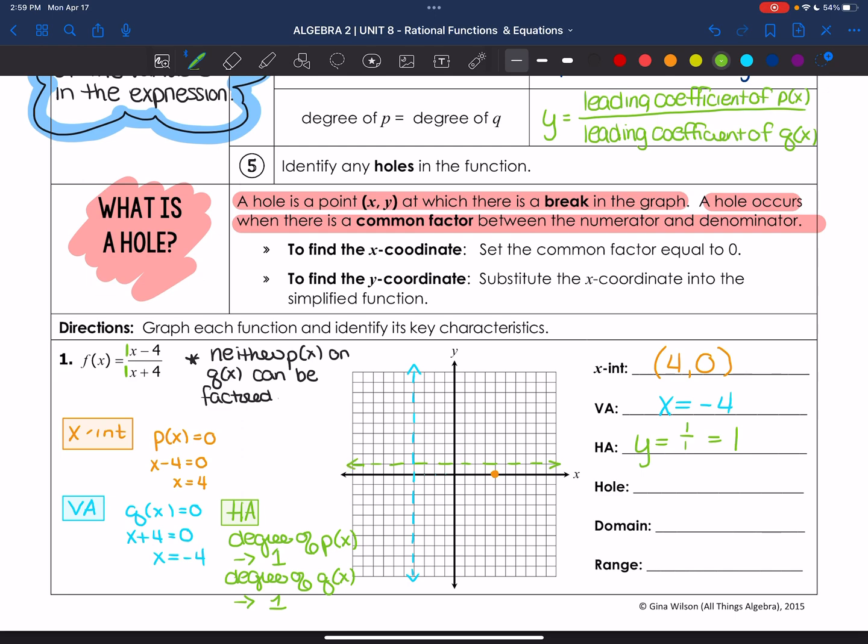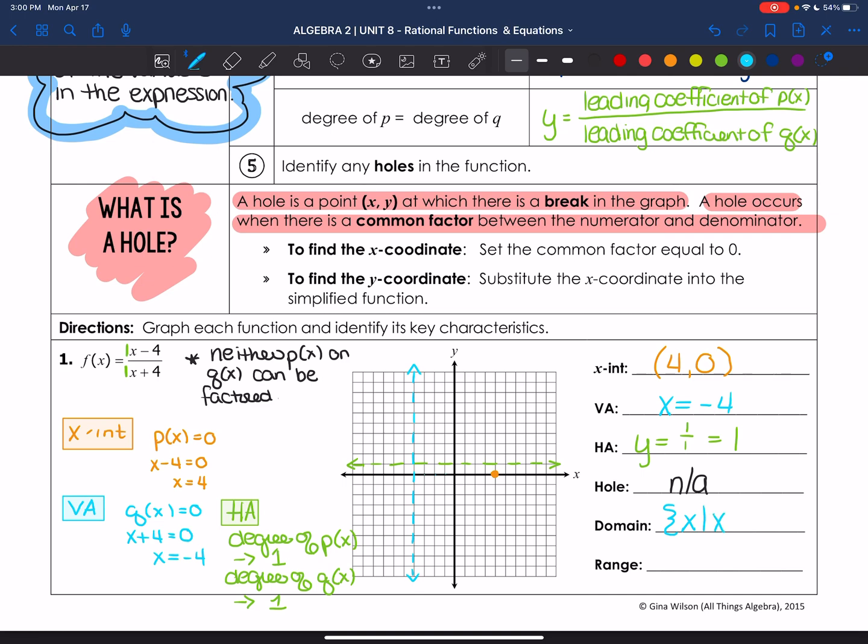Do we have any holes? Is there a common factor in our numerator and our denominator? No, there isn't. They are not the same, and we couldn't factor it any further. So there is no hole for this graph. Now our domain we can tell by looking at our vertical asymptote. Remember that?